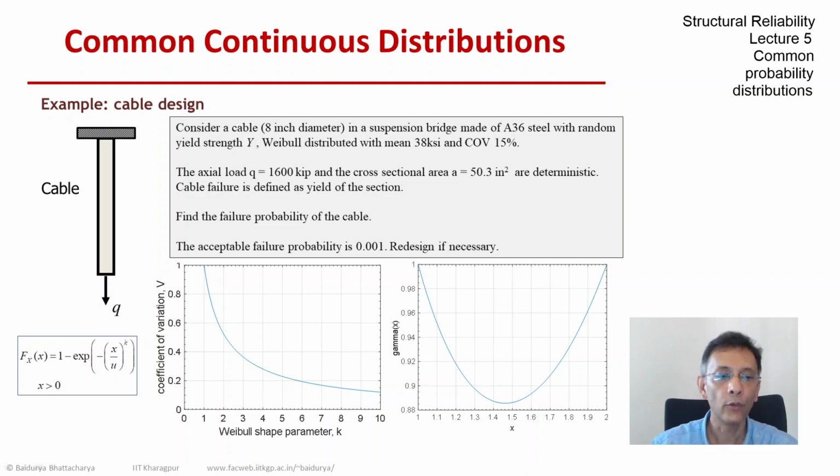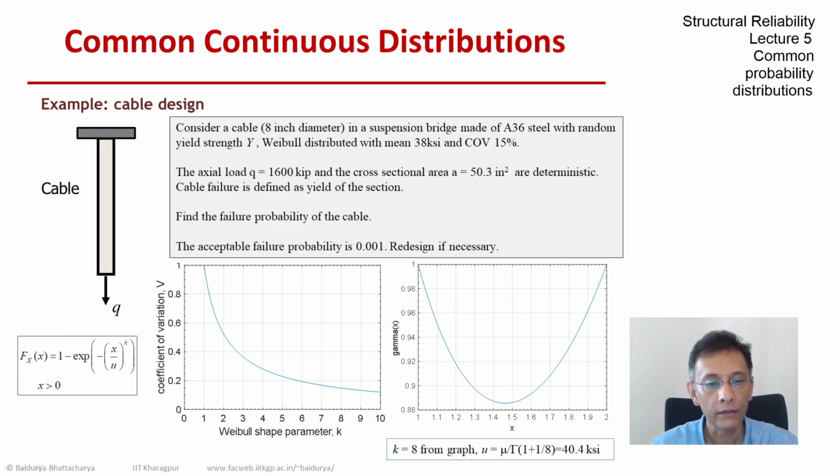And we need to solve k in terms of v, which I've given in the course material and also presented earlier in this lecture. And once we can find k given v, we can use the gamma function at 1 plus 1 by k to find u. And the answer is, for k it is 8, and for u it's about 40.4 ksi.